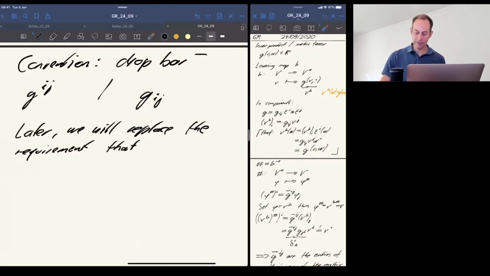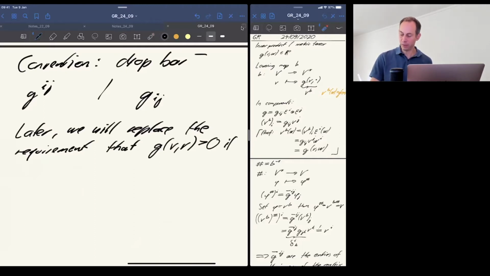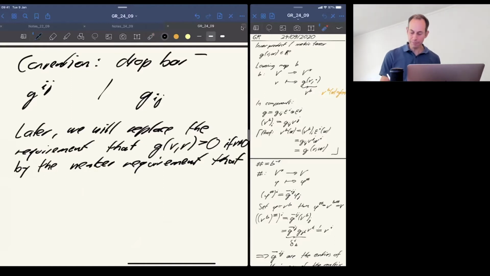So remember, we have this requirement that if we insert V into the metric twice, this should always give something positive if V is not 0, by the weaker requirement that the map that we defined, namely the map B, is injective.